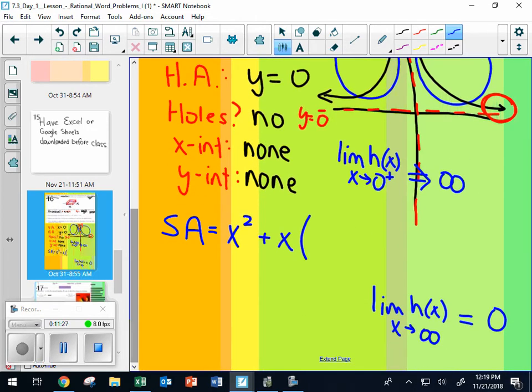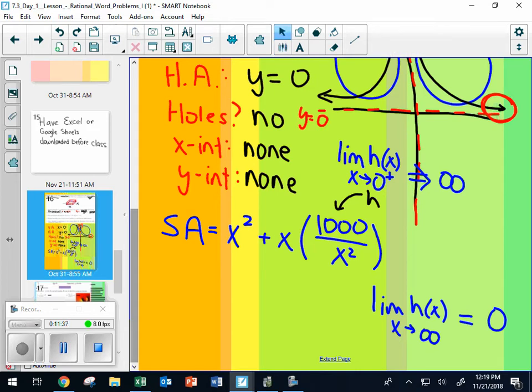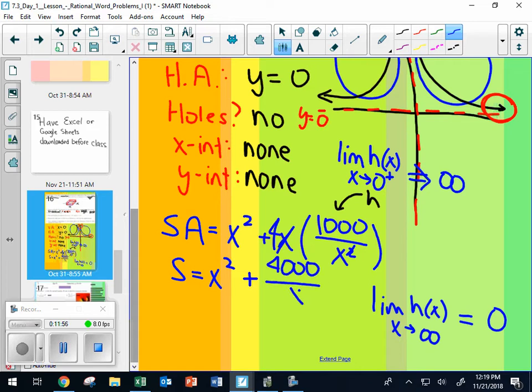So here, if we put in 1,000 divided by x squared, this is just the same thing as h here. And how many sides did we have? 4. Exactly. So I'm going to put a 4 in front of the x because we have 4 of those sides. If we simplify this, we will end up with x squared plus, we can cancel out an x from each of those, so that'll give us 4,000 over x.